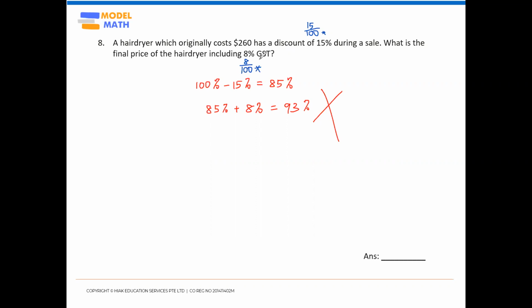Which is not true. Let's understand clearly what the 100 units each represent. So the 100 units here, you enjoy a discount of 15%. So your 100 units has to be referring to the original price.